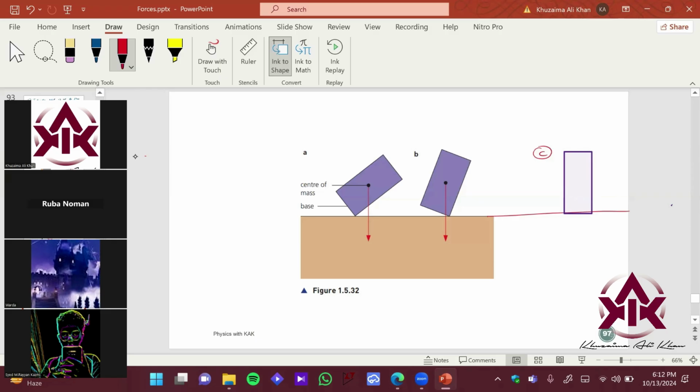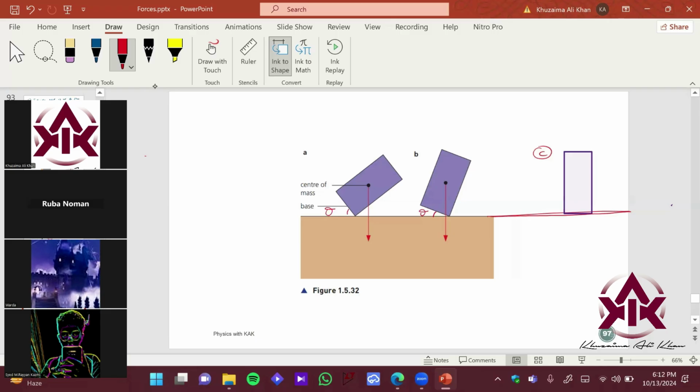Now, for the love of physics, I am doing experiments with it to check its stability, right? So what is stability? We try to topple the object by certain angles, theta, and we find the angle after which it topples down.